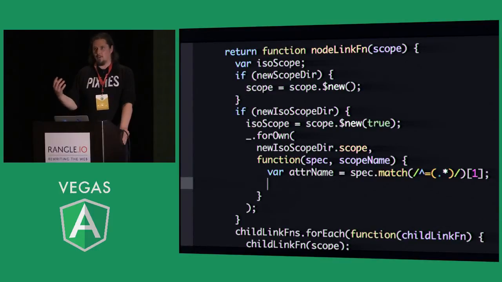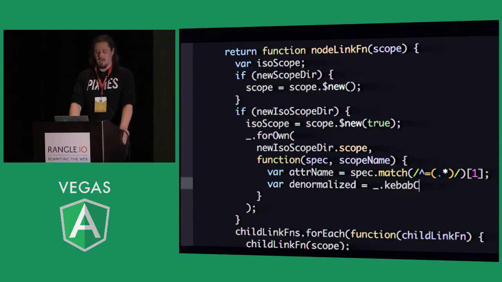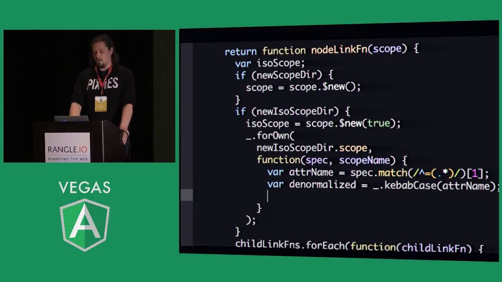That's going to be a camel-cased attribute name, whereas in the DOM, we don't use camel case, we have hyphen-separated strings, so we need to denormalize that. And for that, we can use Lodash again, which has a kebab case function for this purpose. So this is a function that turns a camel case string into a hyphen-separated string.